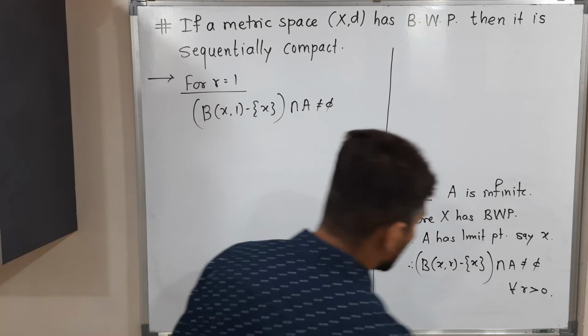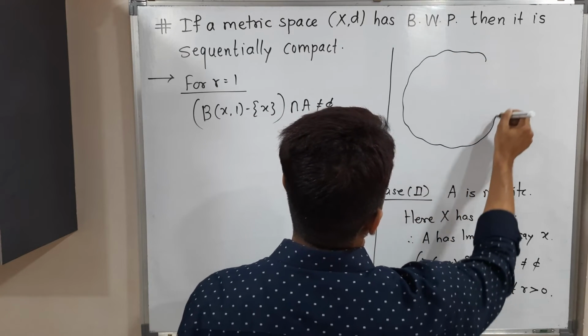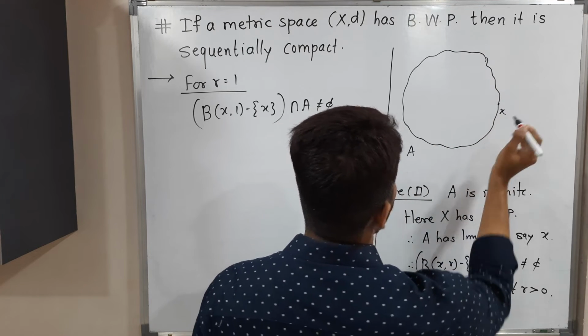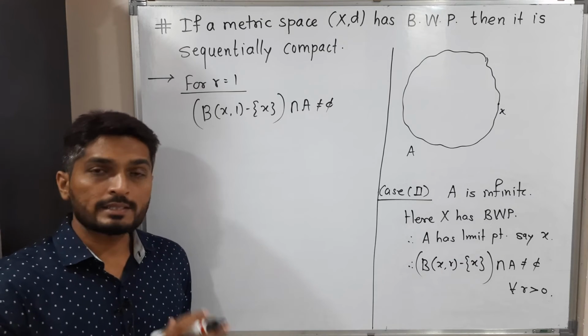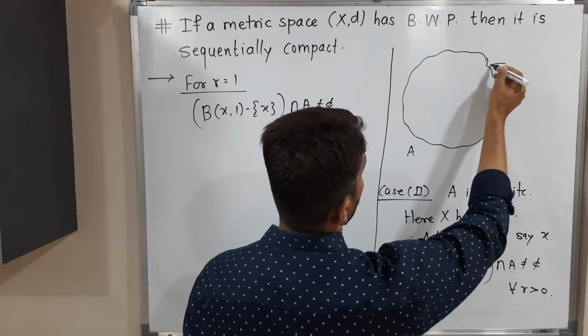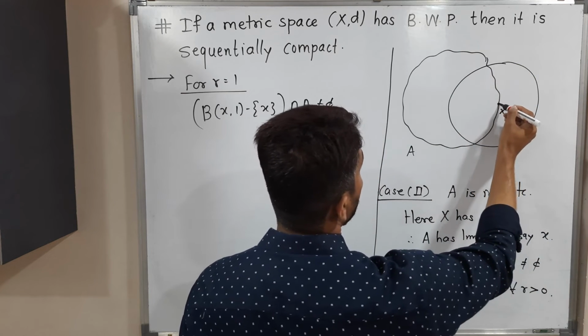So in a diagram, see what will happen actually. This is set A we have. We have a point x somewhere here. So we are considering a ball with center x and radius 1. So this is radius 1 and this is the center of that ball.